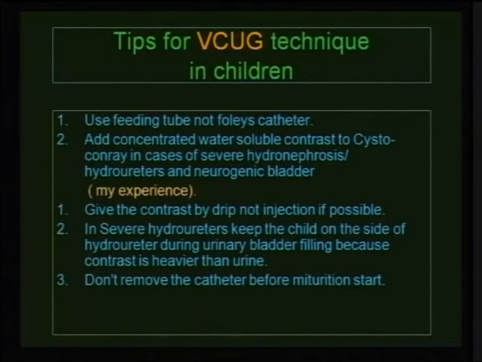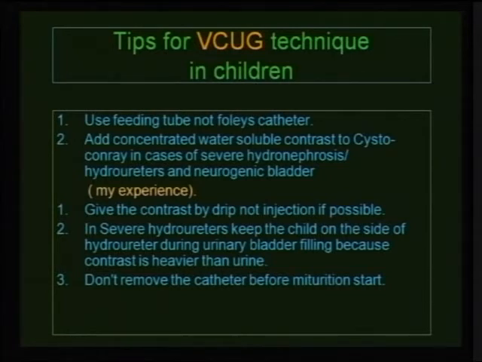In order to opacify this urine, you need more contrast in order to see it without a delayed procedure. We give the contrast by drip. We don't give it by injection. This is less harmful. And in severe hydronephrosis, I may keep the child with that side down for a while, because contrast is heavier than urine. It will go to this dilated collecting system and you are going to see it easier and faster.